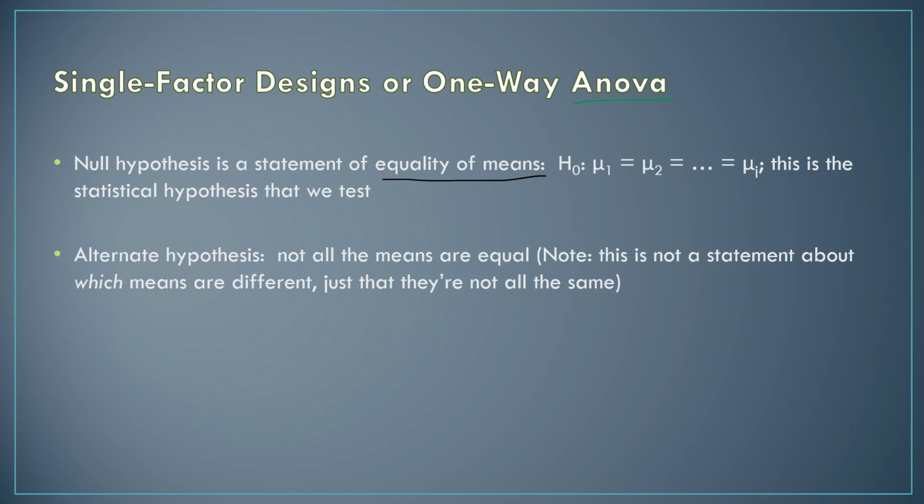So if you have three groups, at least two of those means need to be statistically significant in their difference between those means to get a statistically significant ANOVA. But without doing further analyses, you're not going to be able to know where those differences occur.